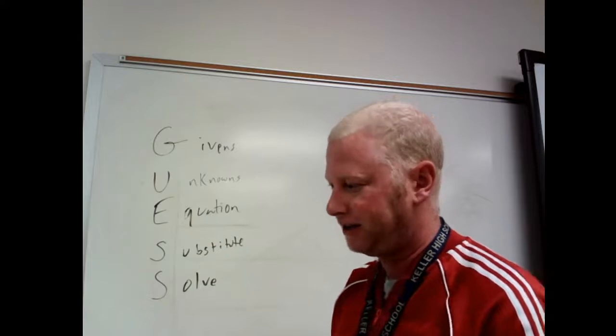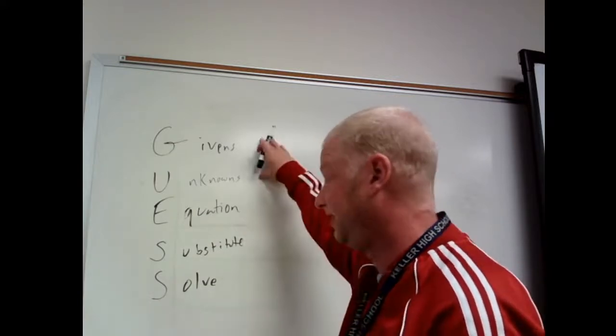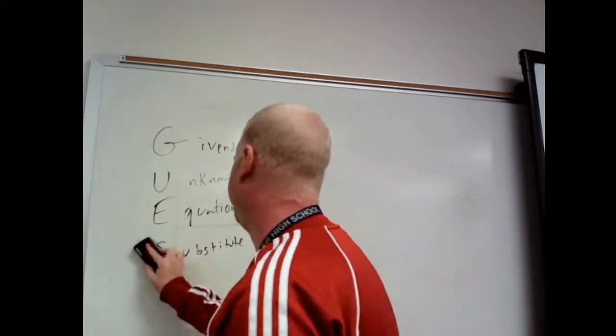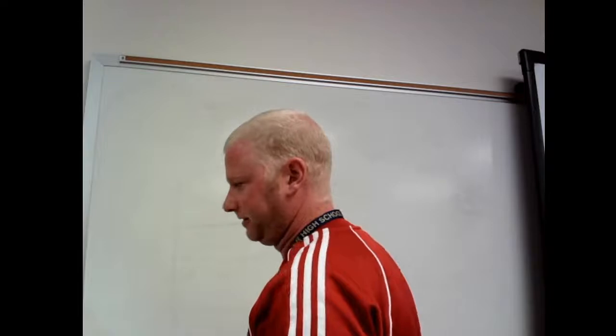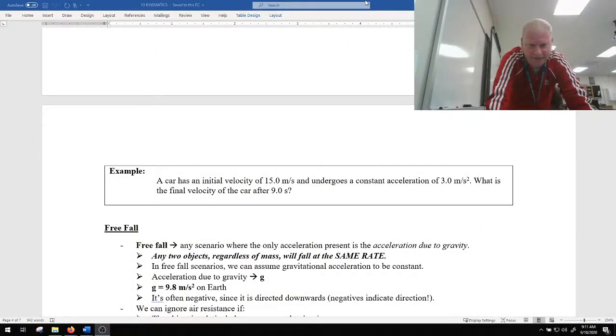Now in more complex problems, it also helps to draw a picture and list your givens and unknowns on the picture itself. So let's kind of model that together. In this example, we've got a car that has an initial velocity of 15 meters per second and undergoes a constant acceleration of 3 meters per second squared. What is the final velocity of the car after 9 seconds?